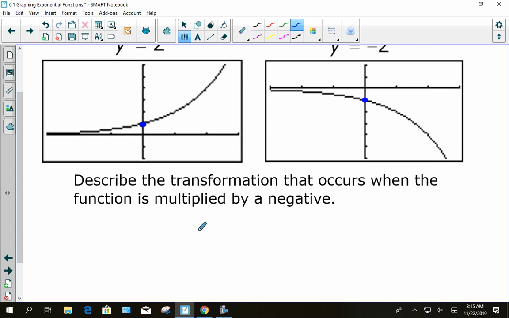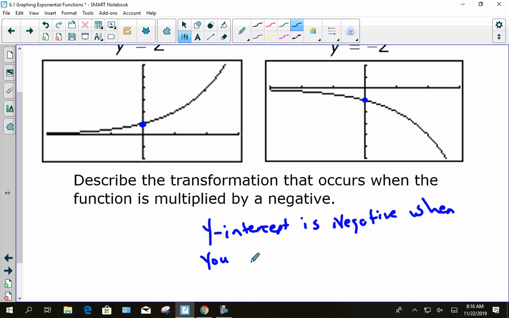So it does get inverted. It gets flipped over the x-axis, but your y-intercept is negative when you multiply by a negative. Okay?